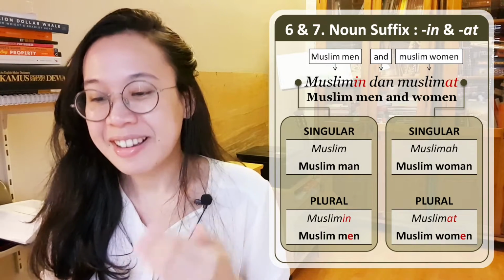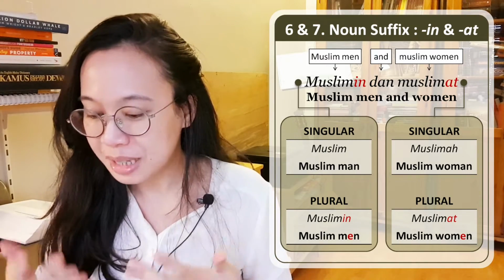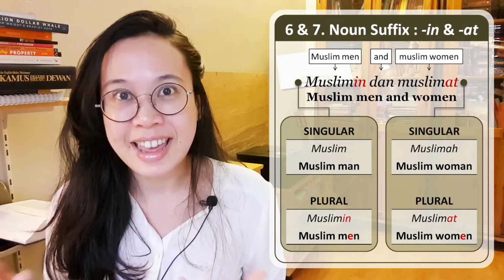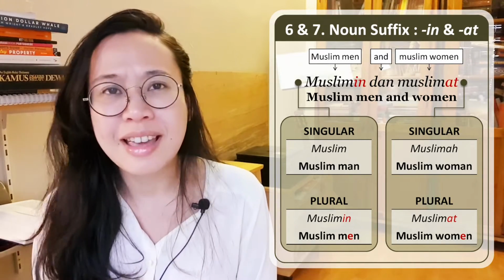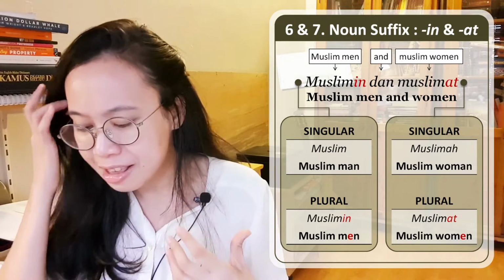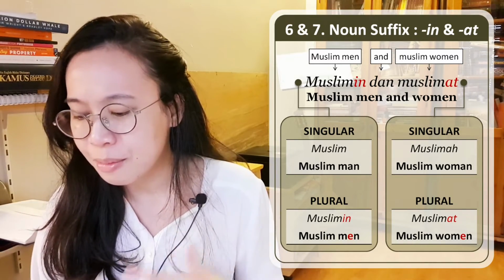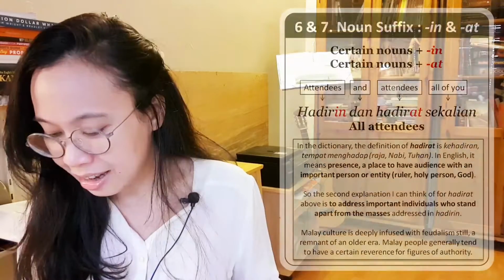So these are the usages of in and at that I can find within a short period of time. I don't think it has a huge application anyway. So hadirin, hadirat, muslimin, muslimat.